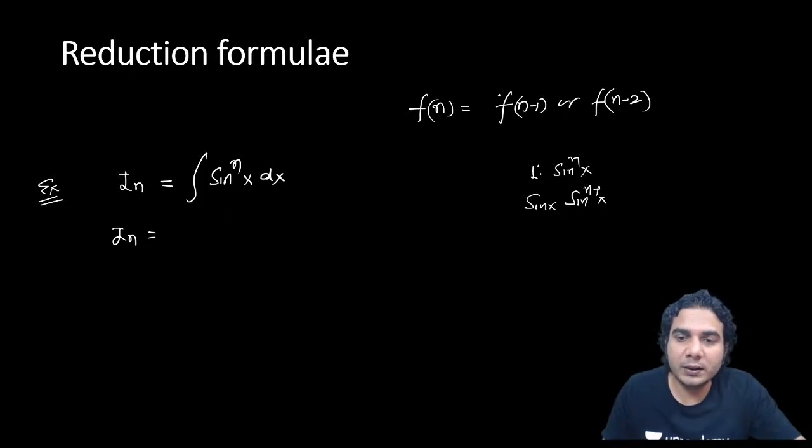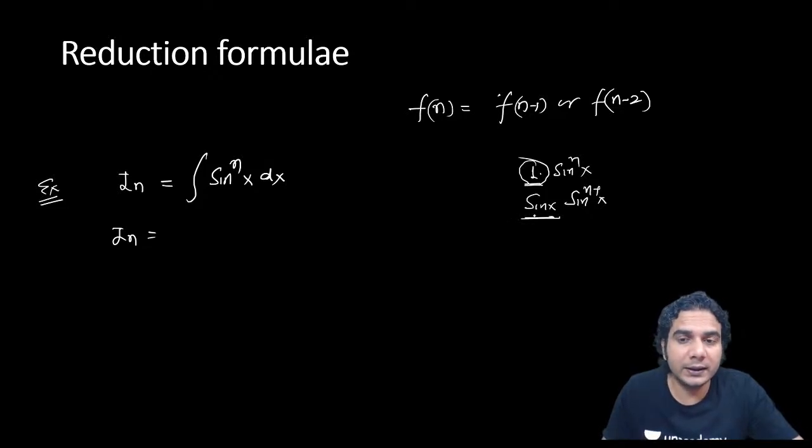By taking 1, if I start, then after integrating 1 I'll get x, so an algebraic function will appear, and then I won't be able to write that next integral in terms of I_(n minus 1) or I_(n minus 2) because of that x. So it's not advisable to take this one.